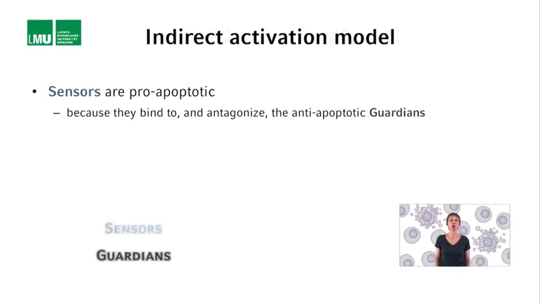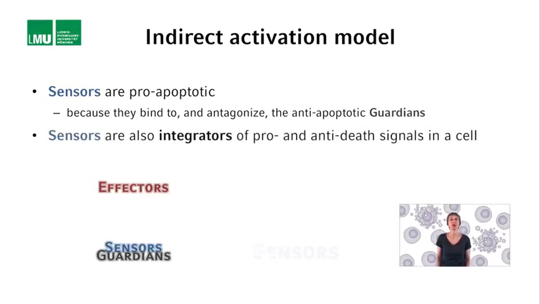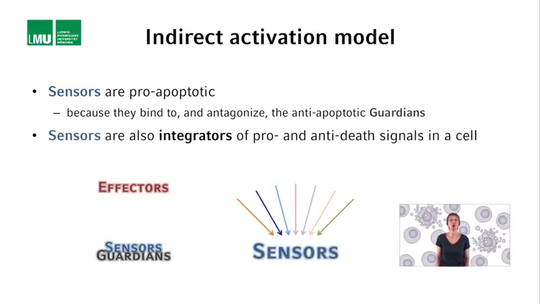The role of the pro-apoptotic sensors is to bind to the anti-apoptotic guardians and to prevent them from blocking the effectors. The sensors are called sensors because, as we will see later, they indeed act as sensors and also integrators of the pro- and anti-death signals that cells are constantly exposed to.